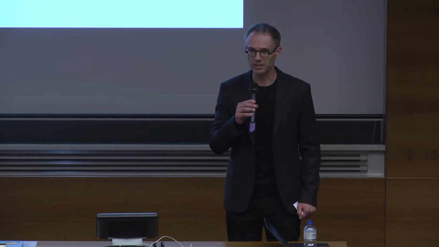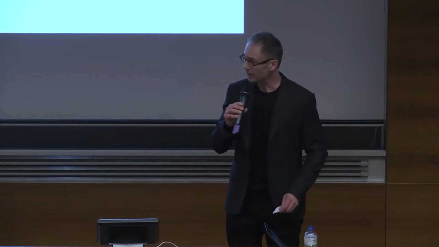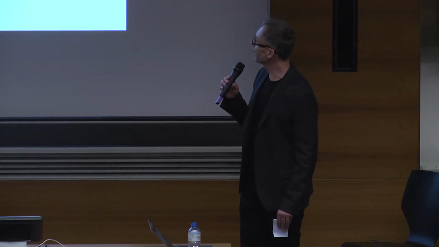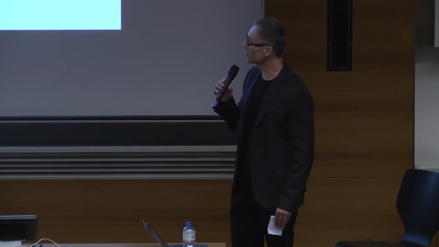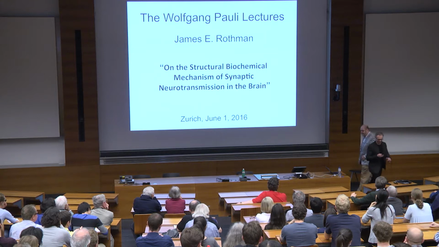Professor Rothman received numerous awards and prizes, among which the Lasker Basic Science Award and the Nobel Prize in Medicine and Physiology in 2013. So with this short introduction, Professor Rothman will today talk on the structural biochemical mechanism of synaptic neurotransmission in the brain, following his lecture on the vesicle transport that he delivered yesterday. Jim, it's a great pleasure to have you here.